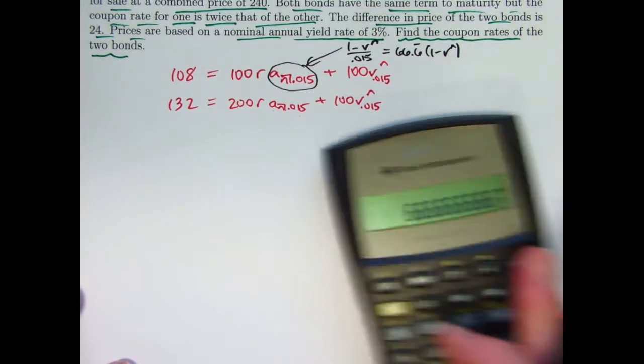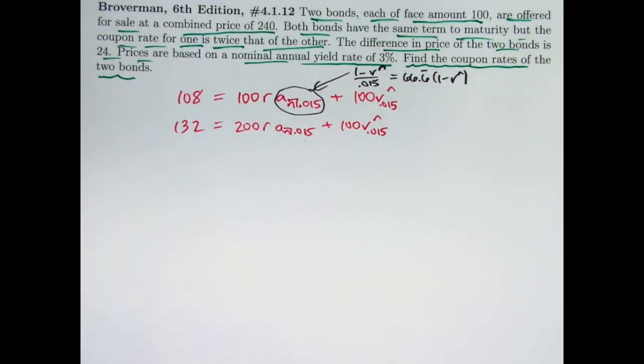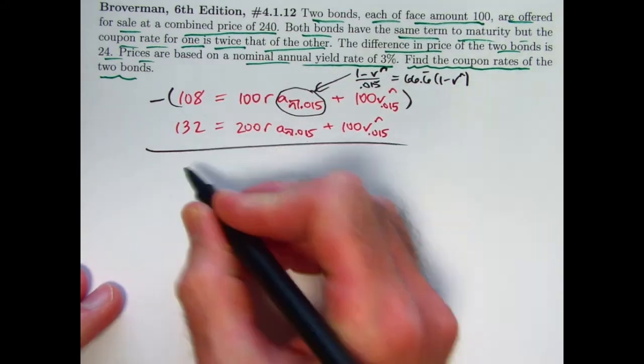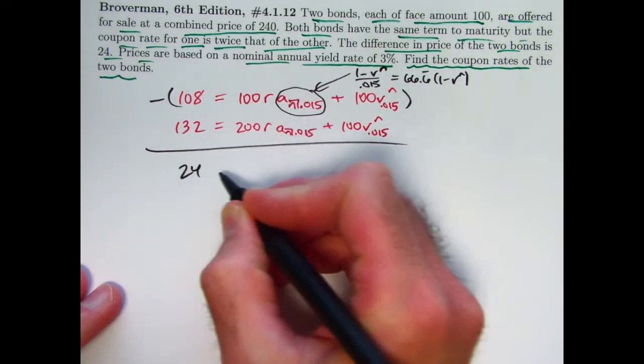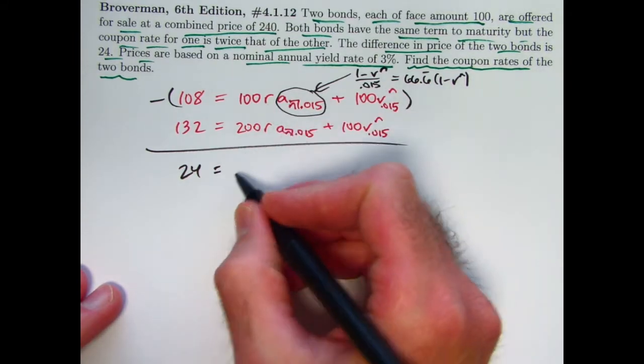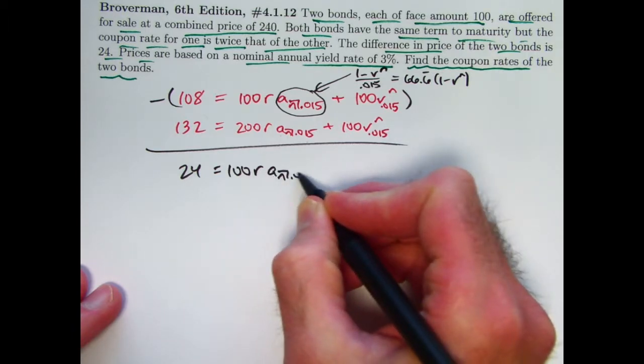All right, with that out of the way, why don't we subtract the first equation from the second, to get that difference 24? Well, these two things would cancel. This minus this would be 100r a sub n.